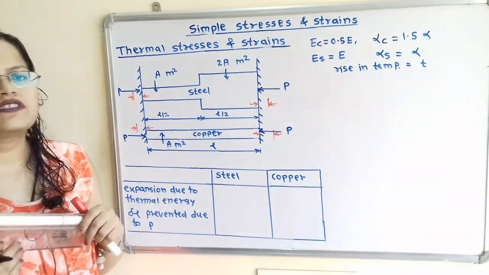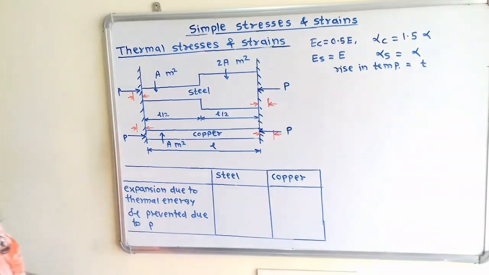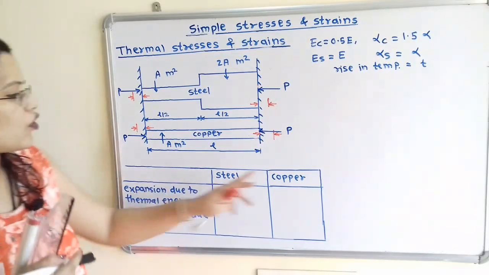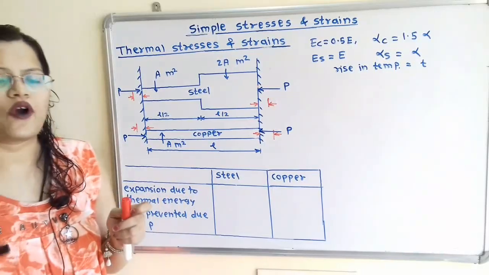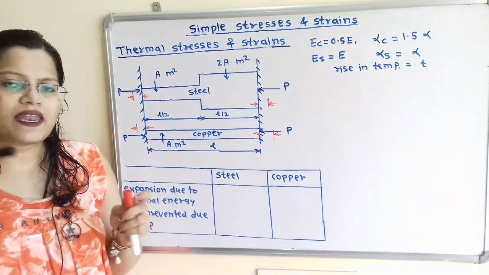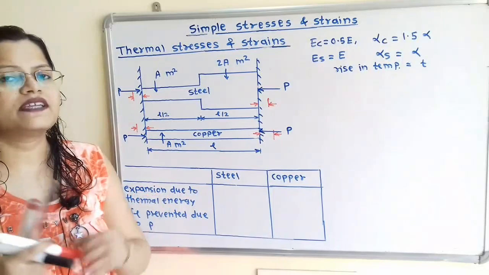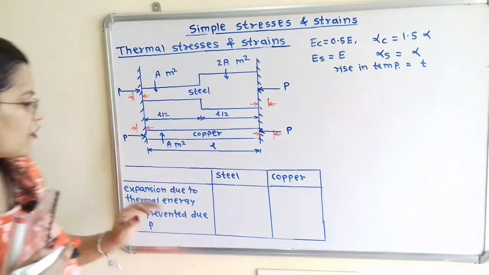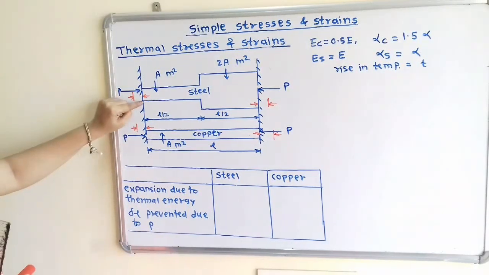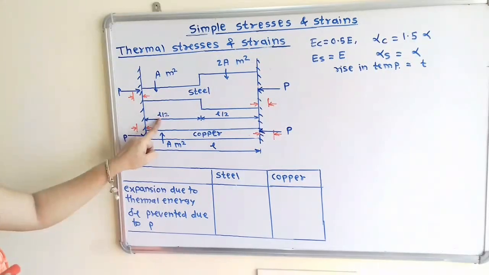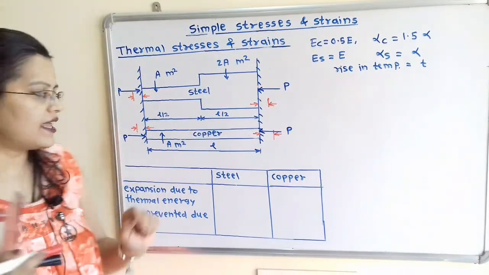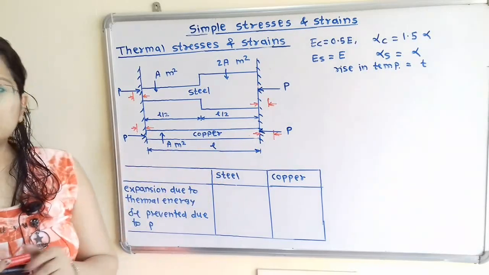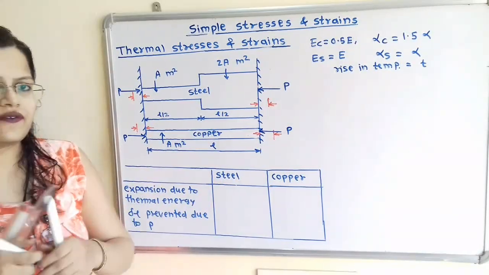Now to find out stresses, we will prepare one table. In the first row we have to write expansion due to thermal energy. For steel and copper we use the coefficient of thermal expansion alpha multiplied by change in temperature T multiplied by original length L. Now if we observe the steel bar, it has total length L by 2 plus L by 2, that is L, and for the copper bar the length is mentioned as L. So we will write the formula.